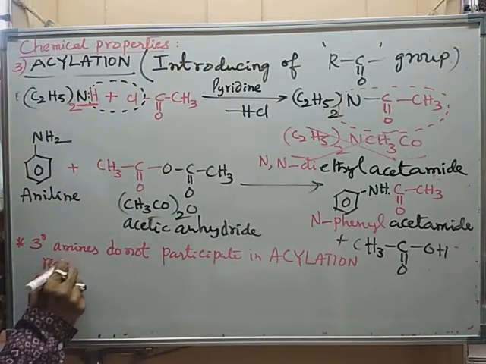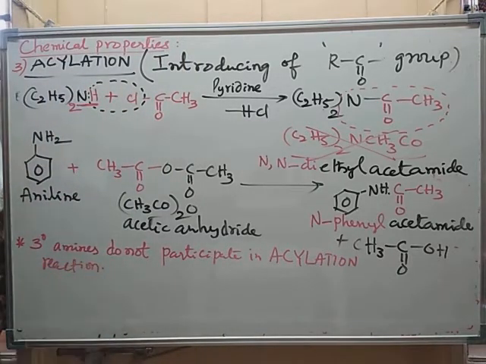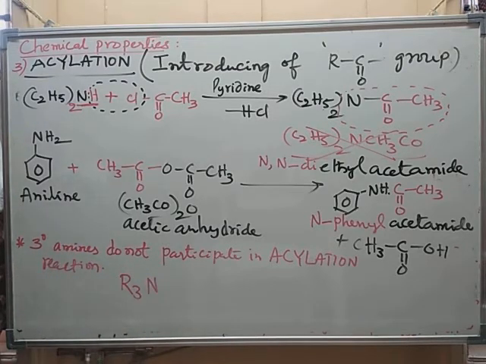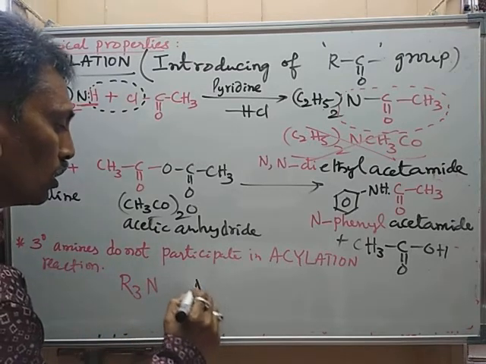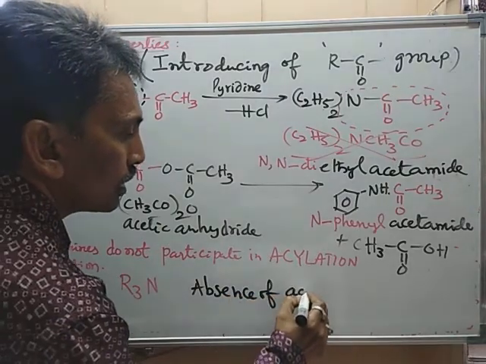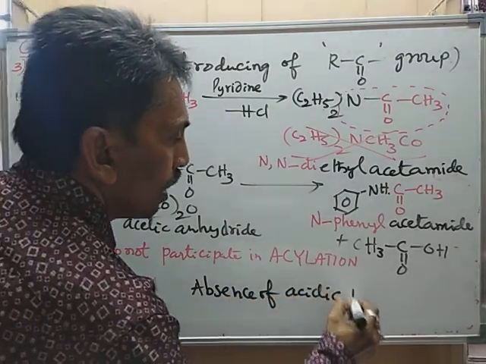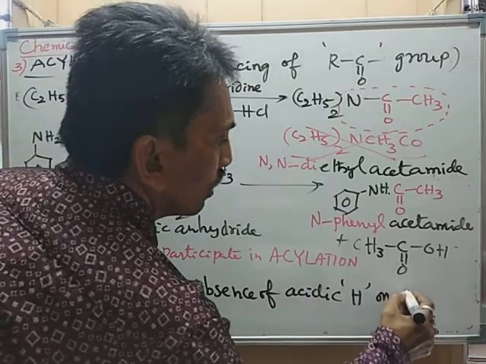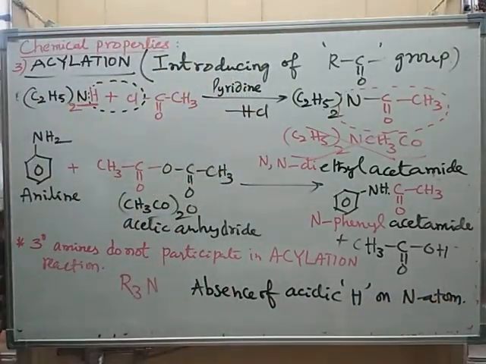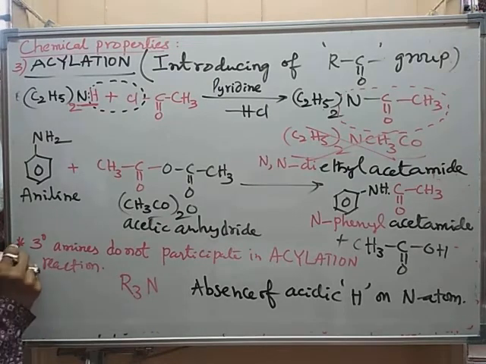Why? Simple answer. What is the tertiary amine? That is R3N. What is absent? The hydrogen atom is absent, due to the absence of acidic hydrogen on N atom. This is a question, sometimes maybe for 1 mark.